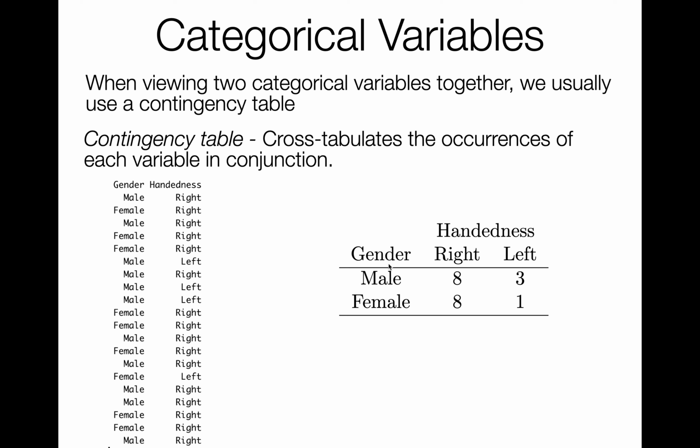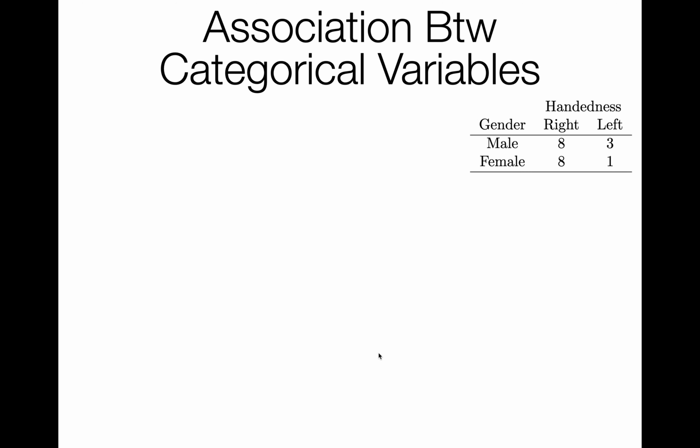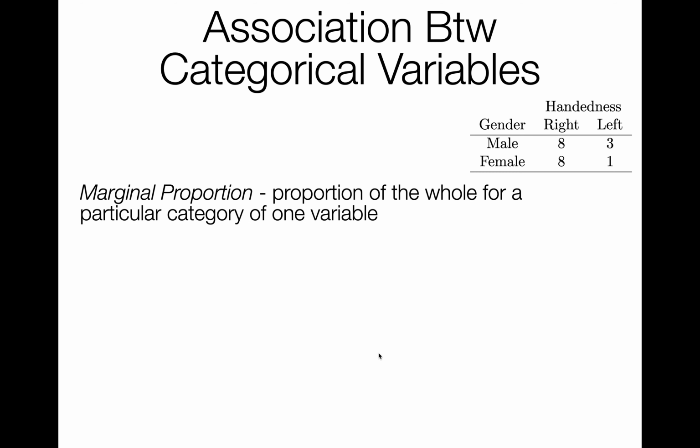And so we can use this contingency table to calculate proportions like we did before in lesson 1. So there's my contingency table that I found in the last problem, and I can talk about different proportions within it.